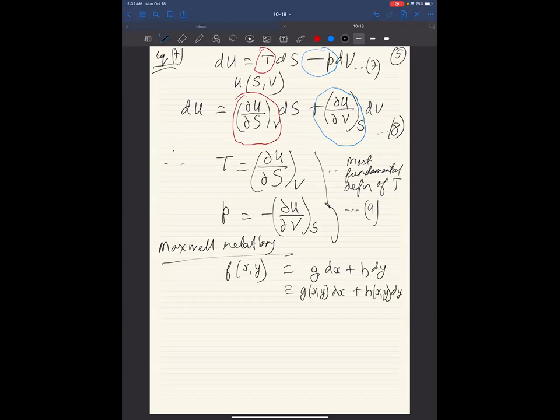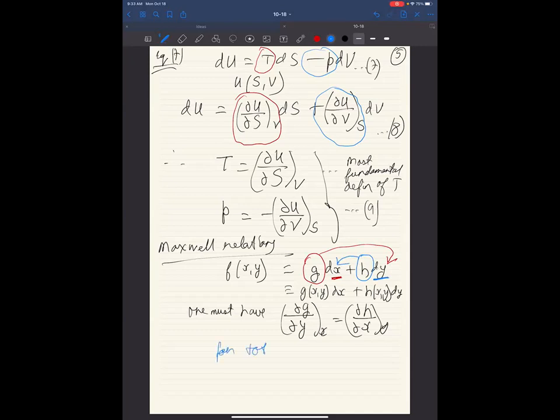So in order for such a relation to exist, you can show using calculus, one must have partial g by partial y at constant x is equal to partial h by partial x at constant y.